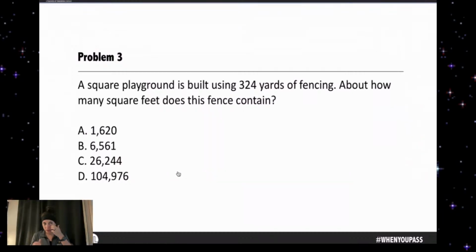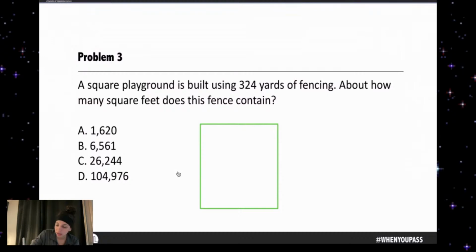Alrighty, so when we think about a square playground, I'm going to draw it in green. There's my square playground, and it's built using 324 yards of fencing.